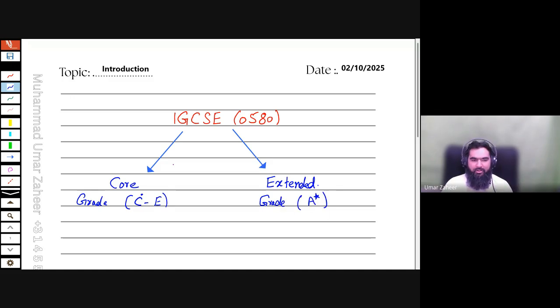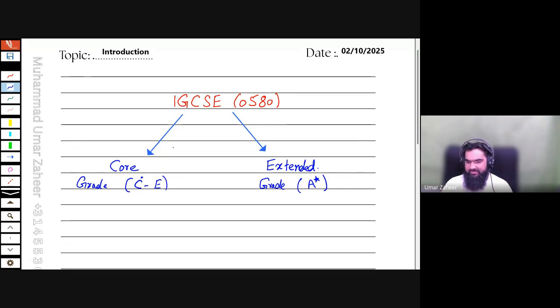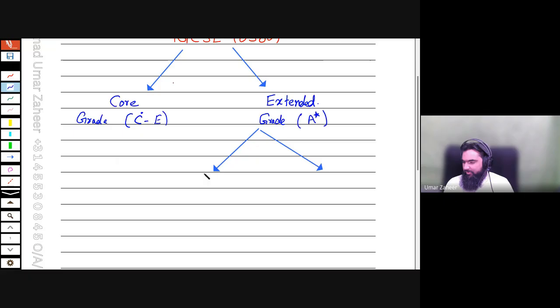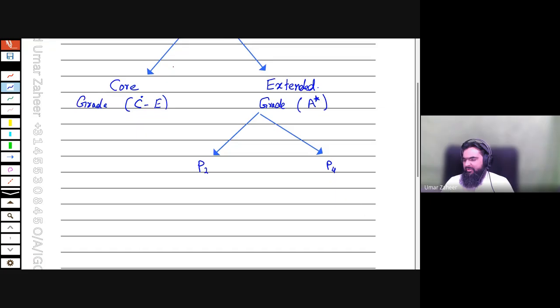And all of you are from extended, so we are going to discuss more about the extended one. In extended, you have to go for two papers: paper 2 and paper 4. In paper 2 and paper 4, approximately all the things are going to be the same.